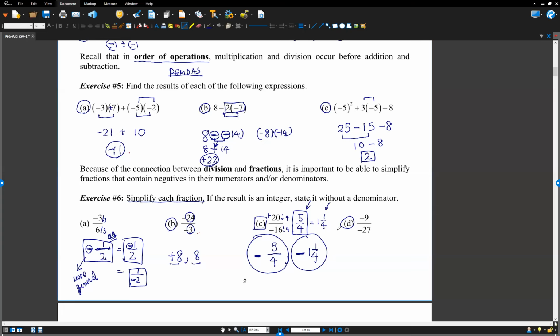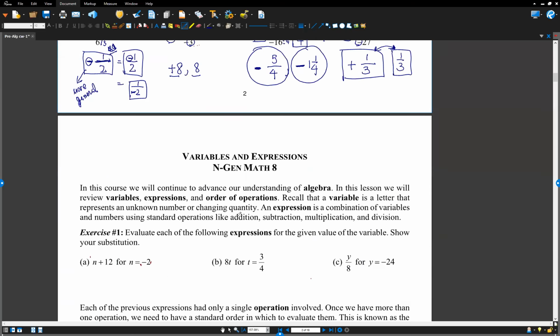Yeah, excellent. Negative divided by negative 8, we know that is positive, but when it is simplified, or just 1/3, because that is our mathematical convention. Okay, both will be okay.